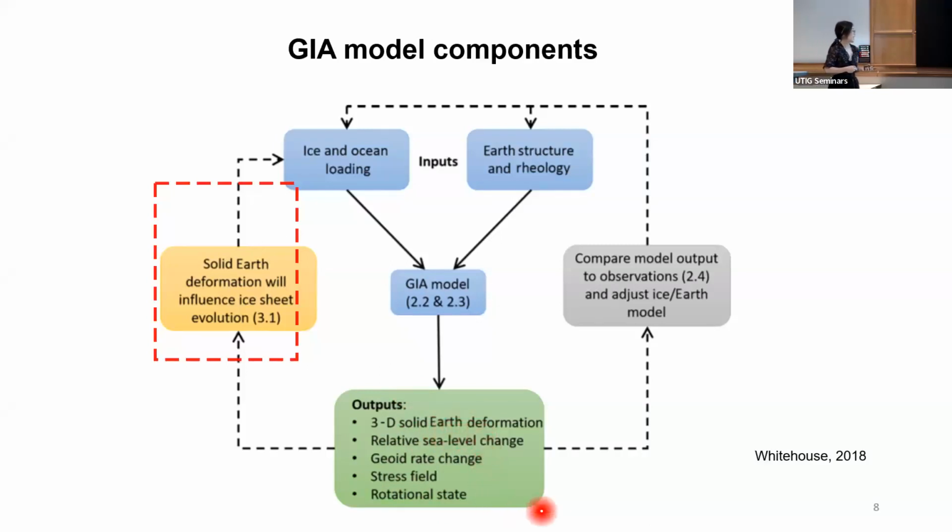In my study, I mainly consider the relative sea level change and also the vertical solid Earth deformation. We will also have other responses. And then this is the model part. And then we will have some data: paleo sea level data, present-day gravity satellite data, and also the vertical and horizontal land motion from GPS.